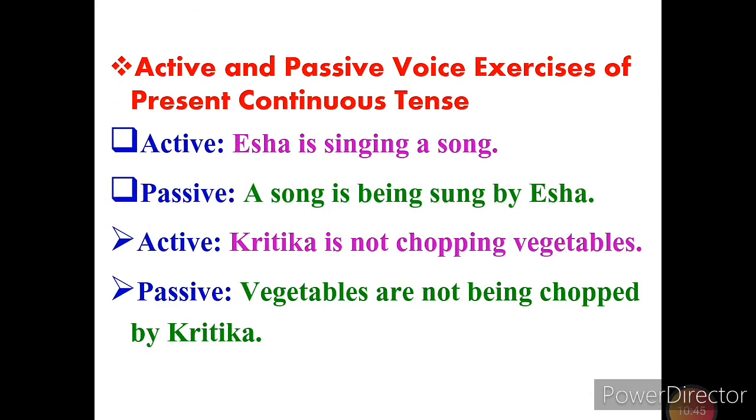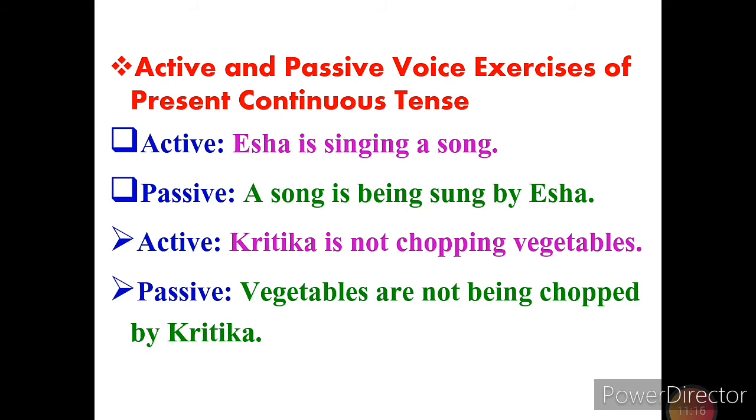Now we will see two examples. Active voice: Aisha is singing a song. How can we see it is present continuous? Because here we can see is singing. Aisha, third person singular, is singing a song. So Aisha subject, is singing present continuous verb, a song object.